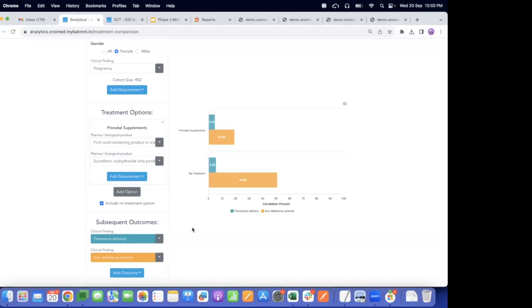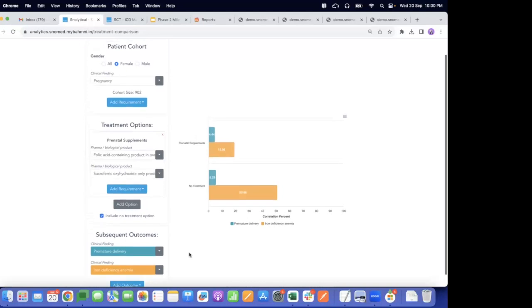So as a clinic which is using Bahmni, they can share these results and ask their doctors and nurses to work hard and increase the reach or the coverage, which is currently at 78%, to come as close to 100%, so that if we are able to administer to most of the patients, then we will be able to reduce the unwanted outcomes like premature delivery or any iron deficiency.